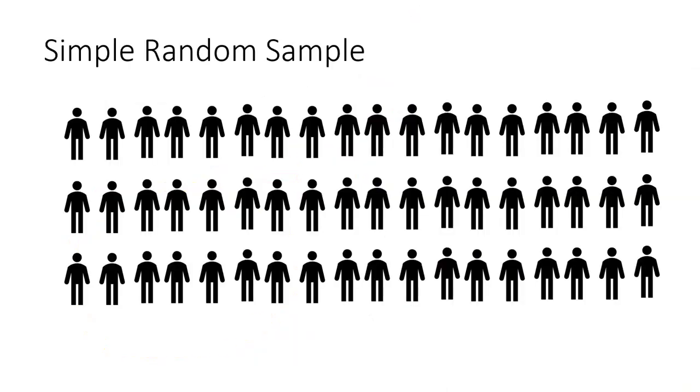The easiest way that we can do this is with a simple random sample. In a simple random sample, we might have everyone's social security numbers, and use a computer to randomly select numbers. So it's random which people get selected to be part of our sample.